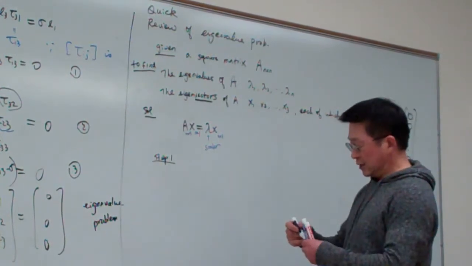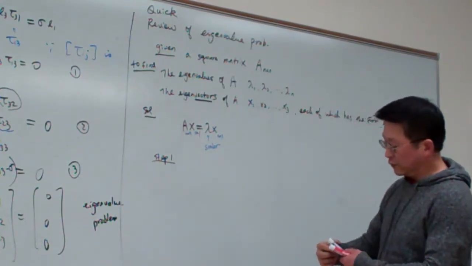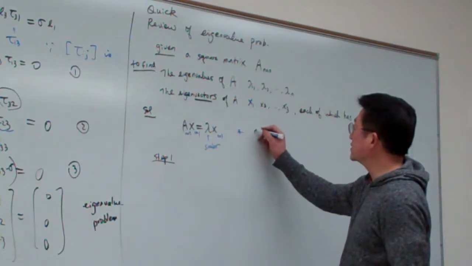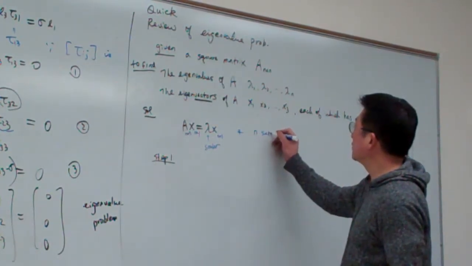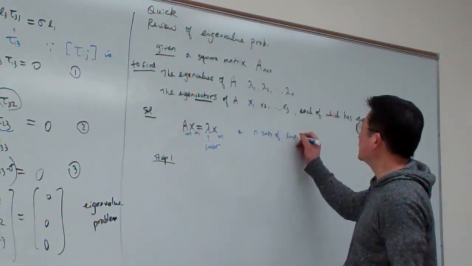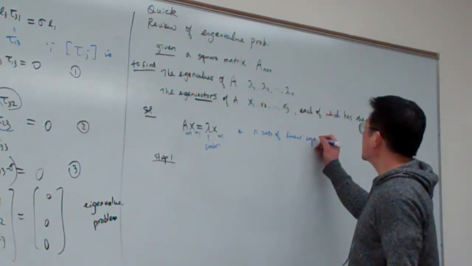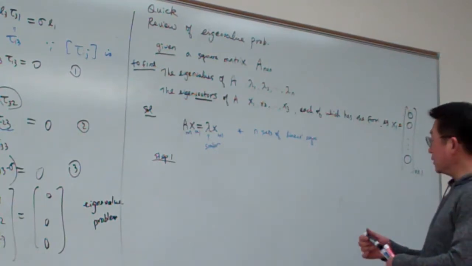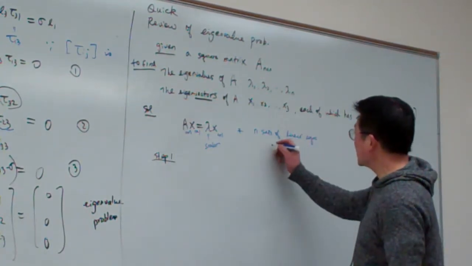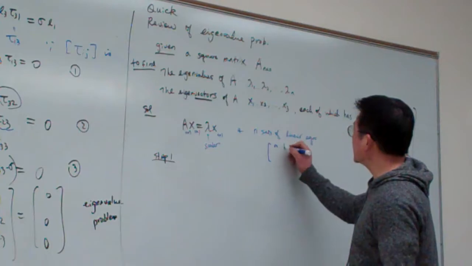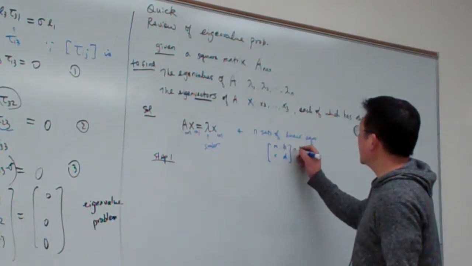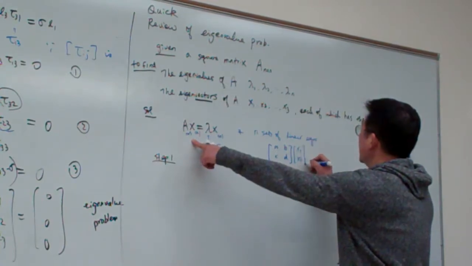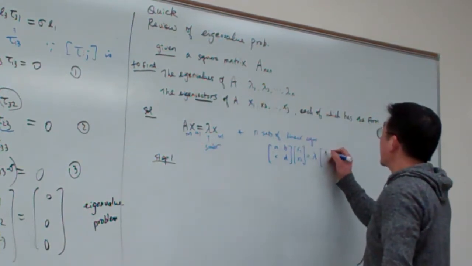Before proceeding to step 1, let me make a mark. This equation represents a set of n linear equations. Let me try one simple example. Say A equals a, b, c, d, and x equals x1, x2, equal to lambda times x1, x2.